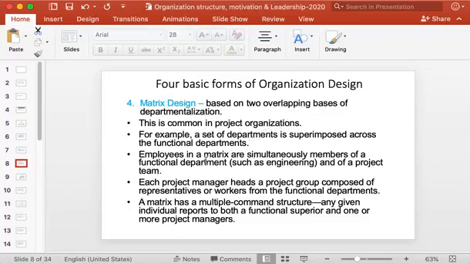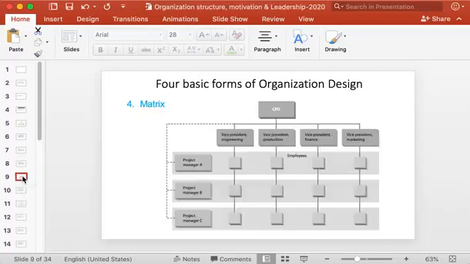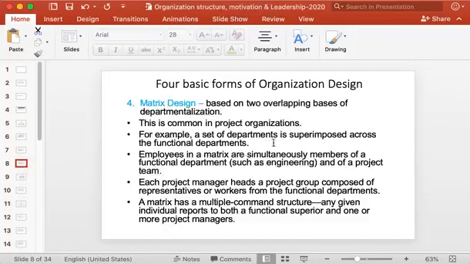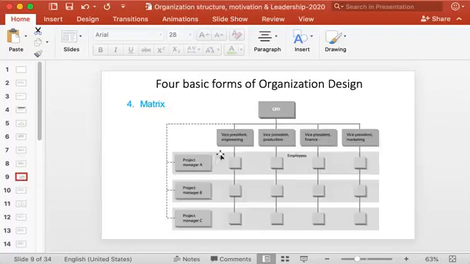So a set of departments is superimposed across the functional departments. So these projects are superimposed onto or across the functional departments here.